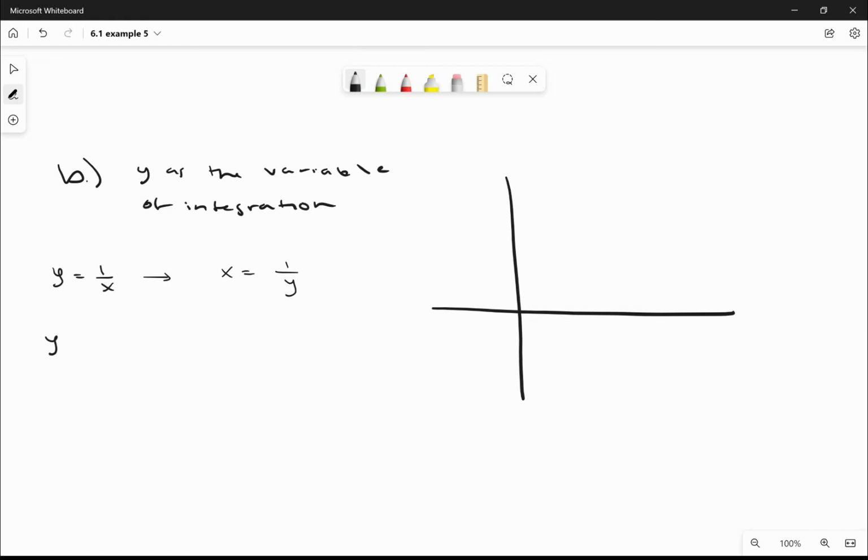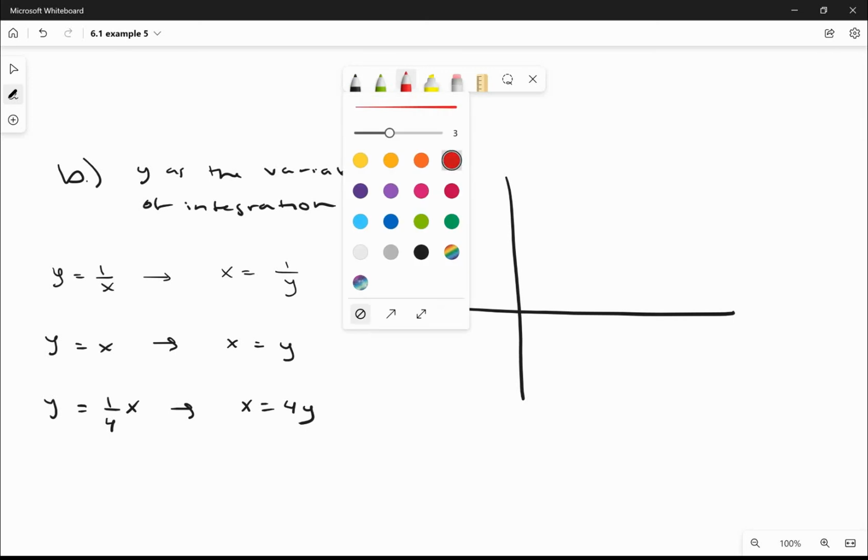Y equals x, we're just writing this in a different order, x is equal to y. And then y equals 1/4 x is the same as x is equal to 4y.